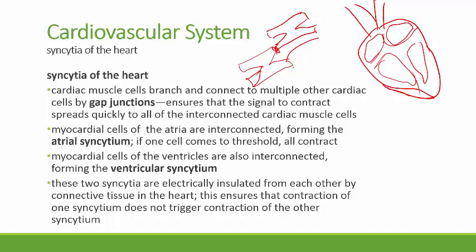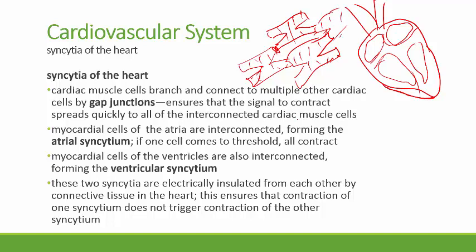So I'm going to stop with my terrible drawings now. But this heart muscle cell connects to this one, which also connects back to this one, and then there's one that's connecting back to both of these, and so on.